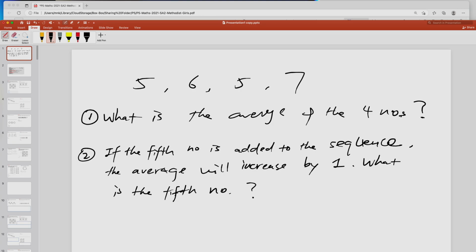So what is this number that can help you increase the average by 1? What's the new average?